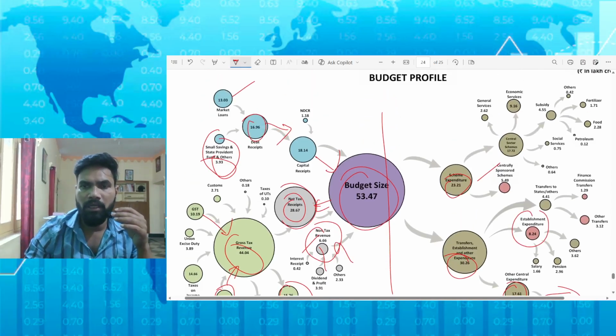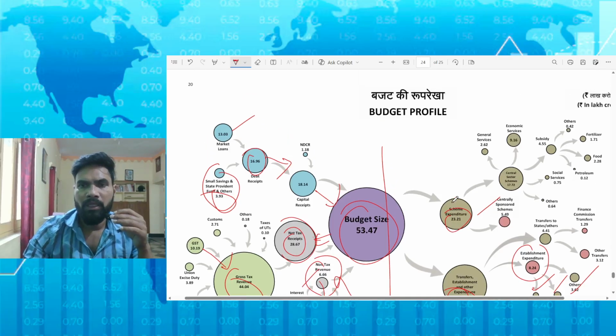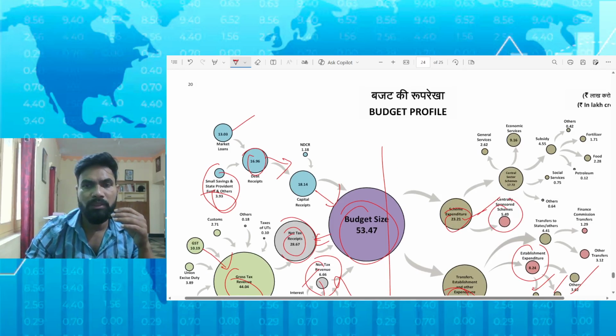Within this, 8 lakh crore rupees is establishment expenditure, that is salaries, pensions, other expenditures. Then in this total scheme expenditure of 23 lakh crore rupees, 5 lakh crore rupees is going towards centrally sponsored schemes, and 17 lakh crore rupees are going towards central sector schemes.